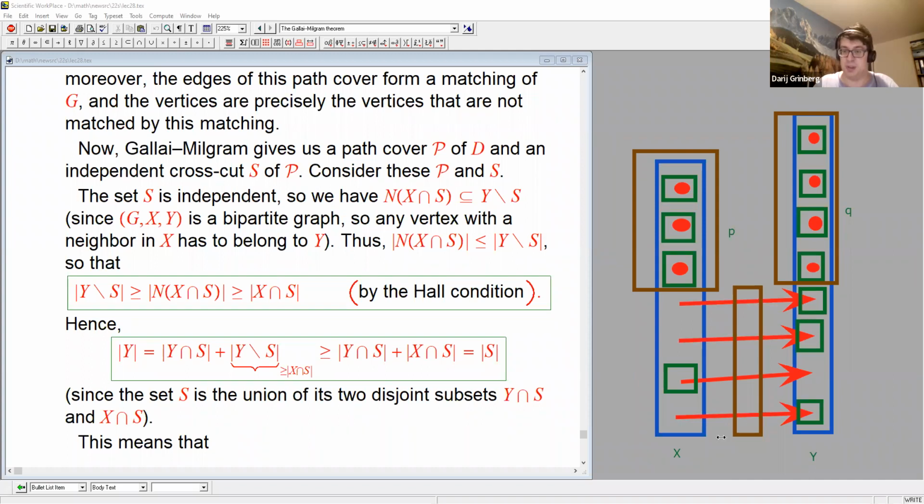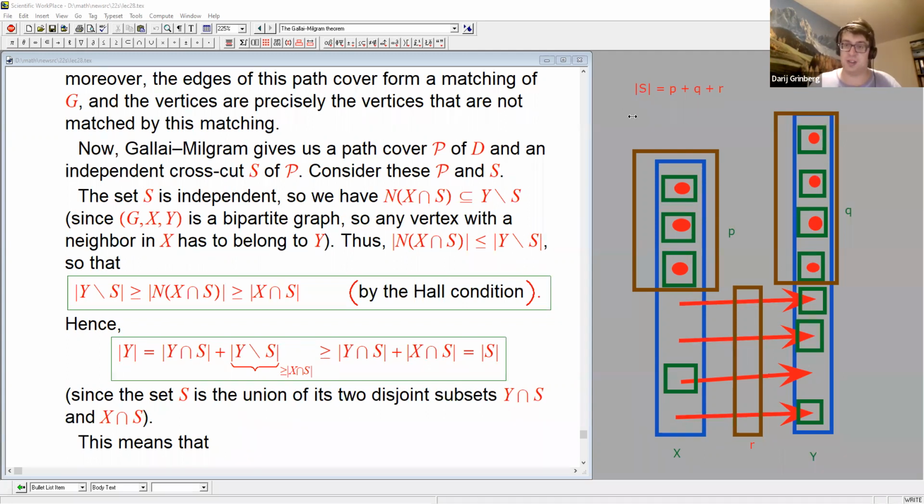So if this is the case, then let's just compute what things are. The size of S is going to be P plus Q plus R, because each of the P brown vertices is green, each of the Q vertices is green, and each of the matched edges has exactly one green vertex.